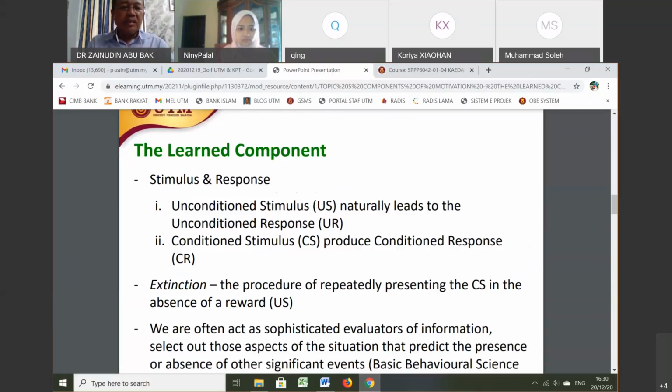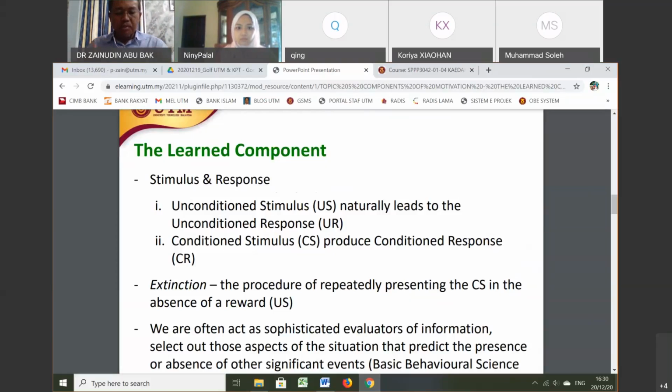But don't forget, at the same time, there is also the power of unconditioned stimulus, sometimes indirectly.